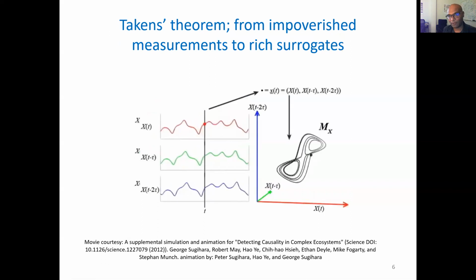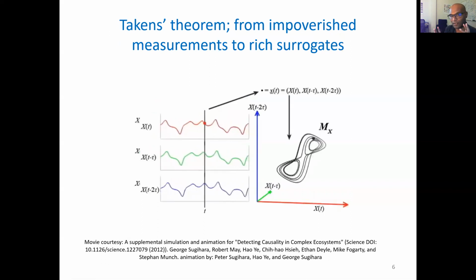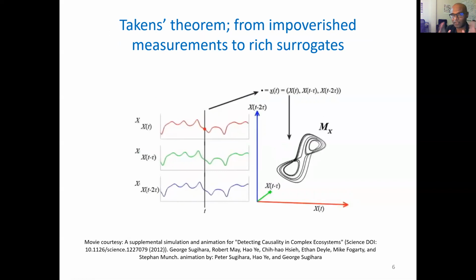So here is an example. Here is the Lorenz attractor, the Lorenz system of equations.